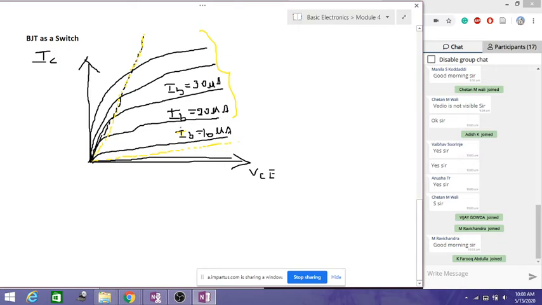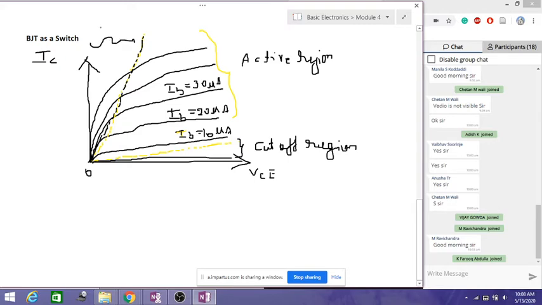As you keep on increasing IB, the input current, the output current also increases and gets saturated to higher values. This bracket here is what we call the active region. This portion from the yellow line to here is 0 current, so this we call the cutoff region. And this region we call the saturation region.